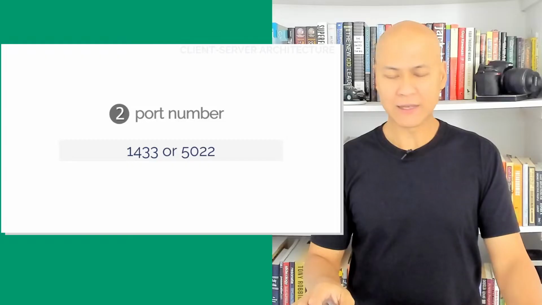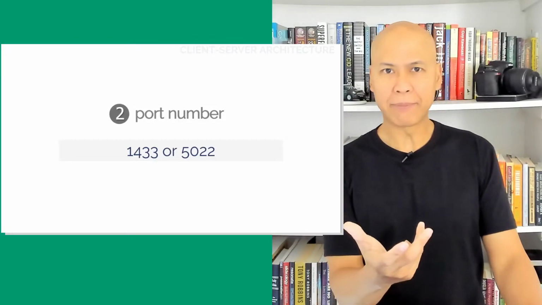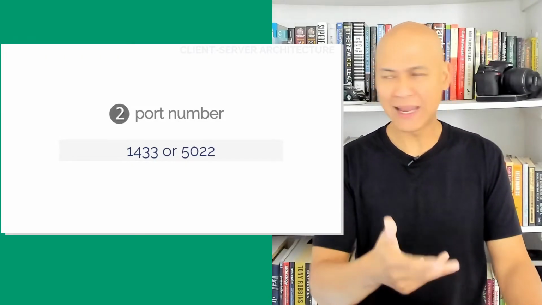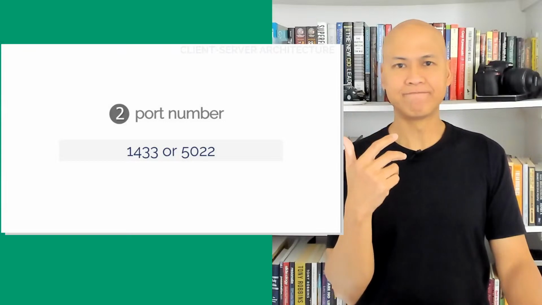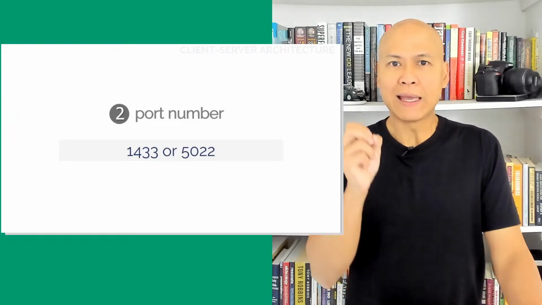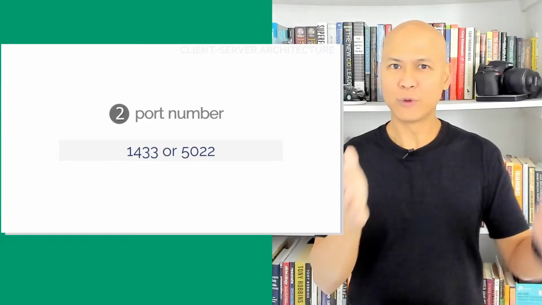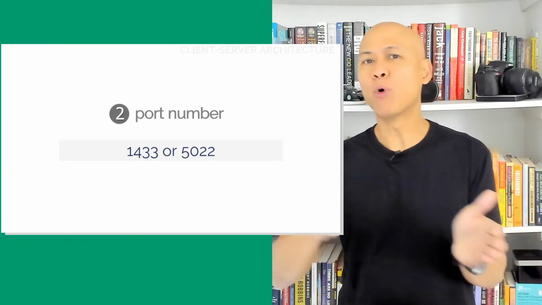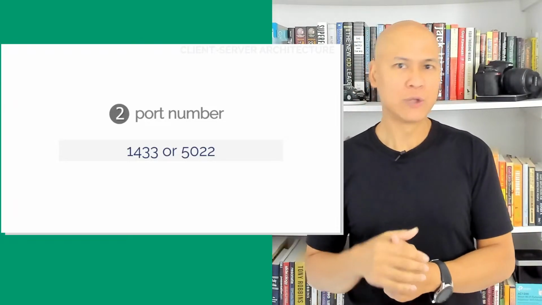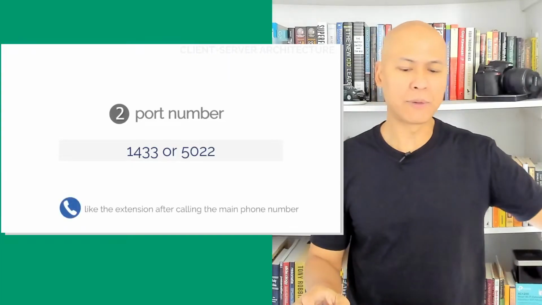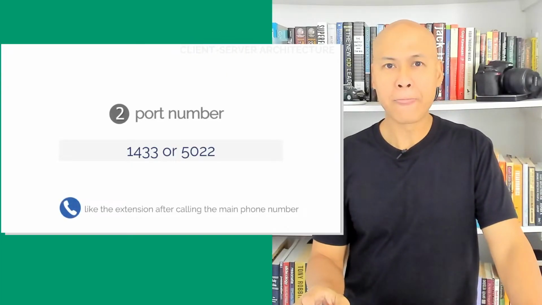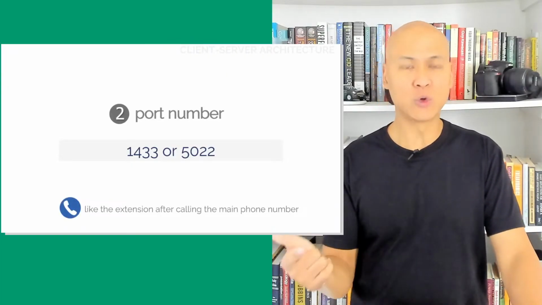Like I said, you open up your app, the weather app, Instagram, Amazon, Netflix on your phone. It is already embedded in the app, the fully qualified domain name and the port number, whatever port number they're using to access their API. So you can think of the port number like an extension after you're calling the main phone number to your office.